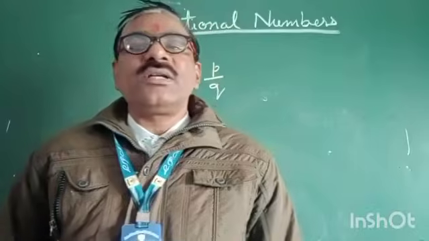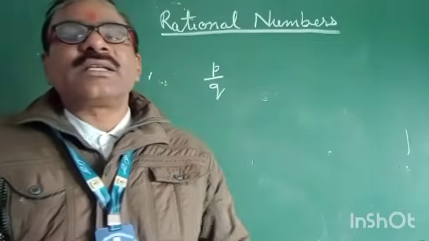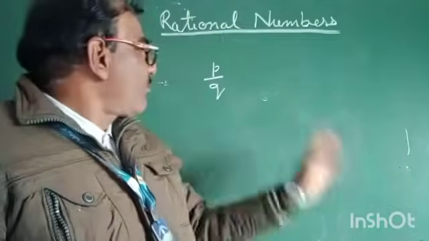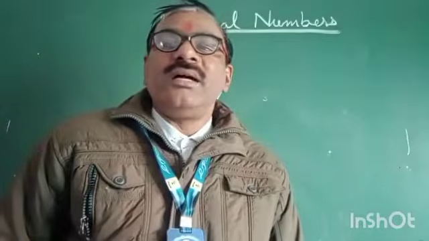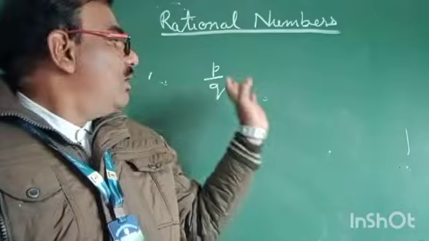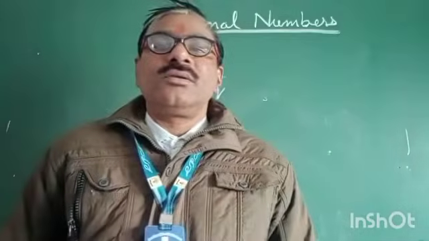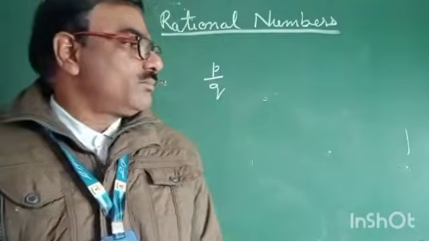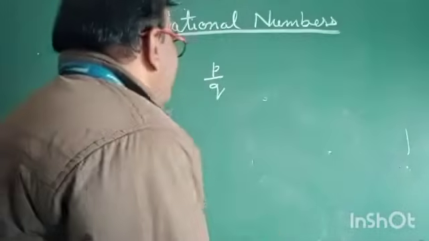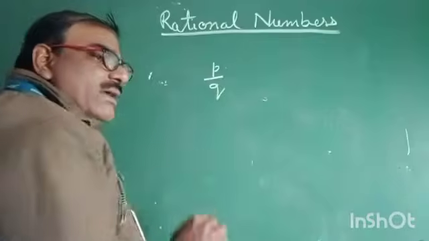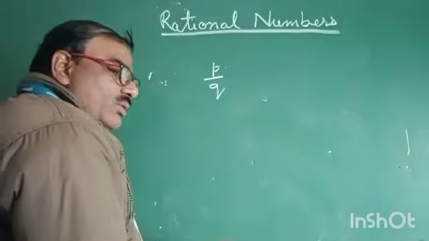So dear students, I hope that this is clear to you, that this is the rational number. Here p and q are integers and q is not equal to 0.